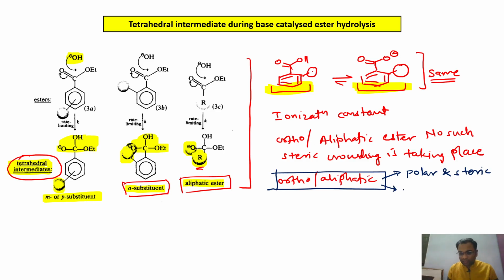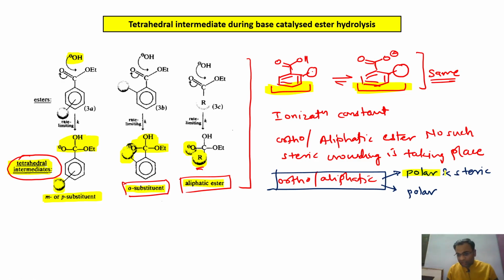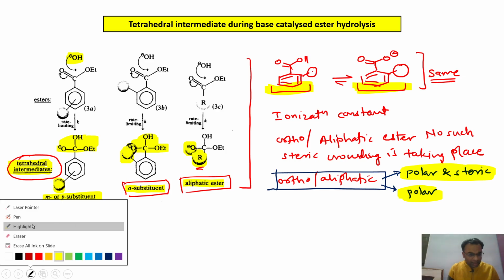But at the same time, the ionization constant is not affected by the steric crowding, and it is only affected by the polar effect. And therefore two factors are responsible for one reaction, and only one factor is responsible for the other reaction.